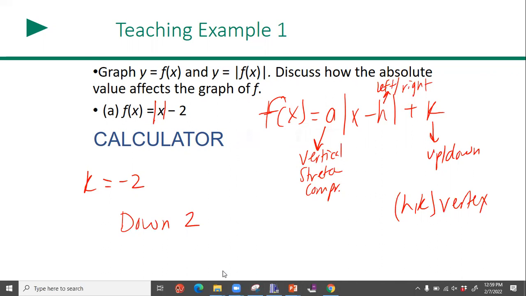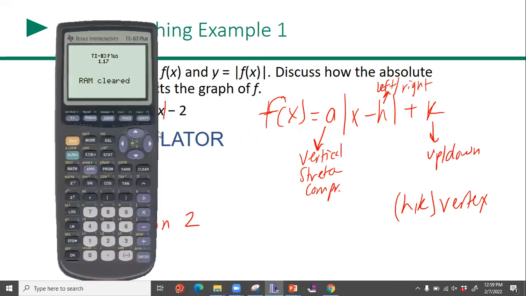What's h stand for? It's just a variable for horizontal shift. So if I have absolute value, to put absolute value in, I go to math, number, abs, and I put in absolute value of x minus 2. That causes it to shift down.